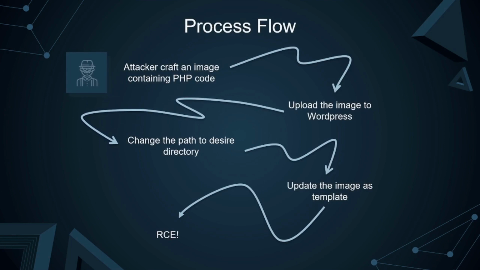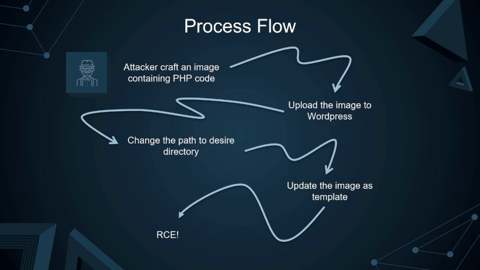So how can an attacker reach RCE from the author role, which seems to have no privilege for getting a shell on the server? First, the attacker crafts an image that contains PHP code, uploads the image to WordPress, changes the path to the desired directory, and then updates the image as a template.